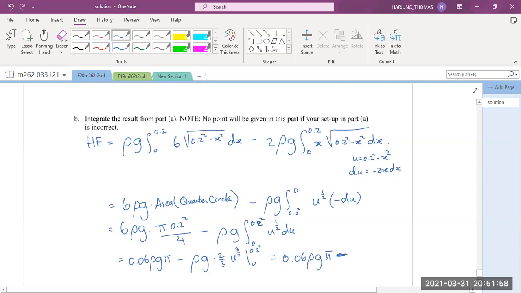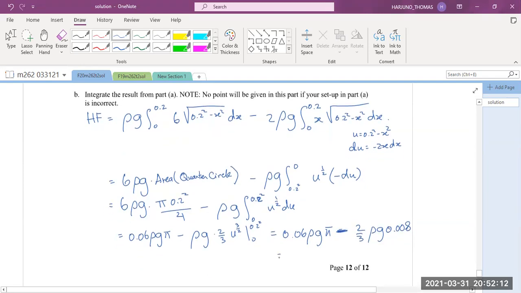That's minus 2 over 3 rho g times 0.008. Yeah, that's the answer. Multiply by 3, so 0.18. You know what?